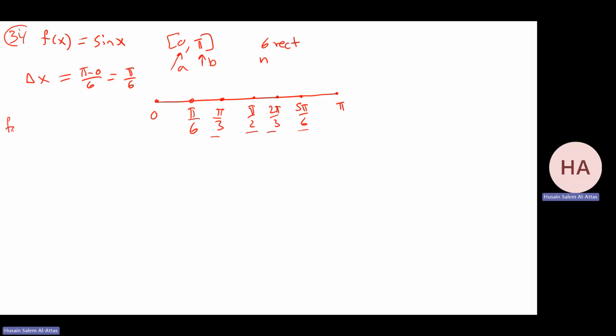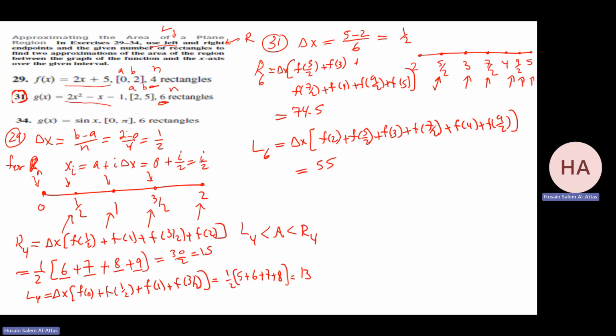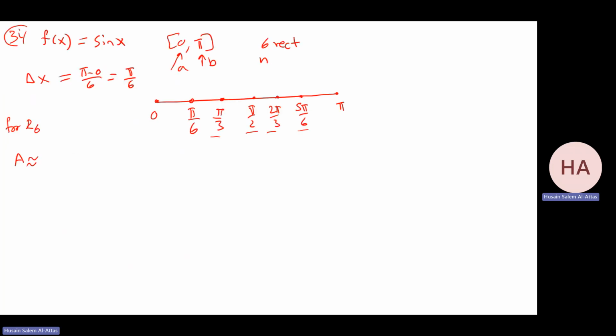So for R6, what will be the area approximately? All of this approximation is not the exact area. The area will be approximately R6, which is delta x times what?